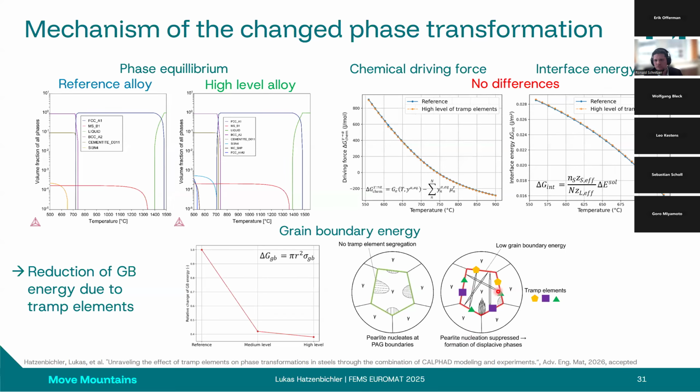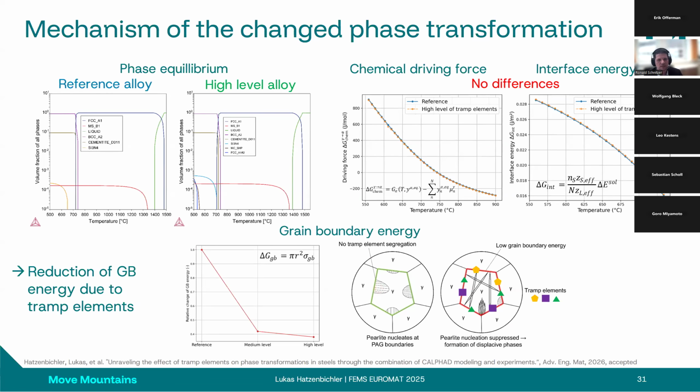pearlite nucleation, and that means you get these displacive phases, martensite and bainite, more easily during the transformation. When you do not have that content of tramp elements, you have a higher grain boundary energy, which is the case here, and then you get growth of the pearlitic phase.